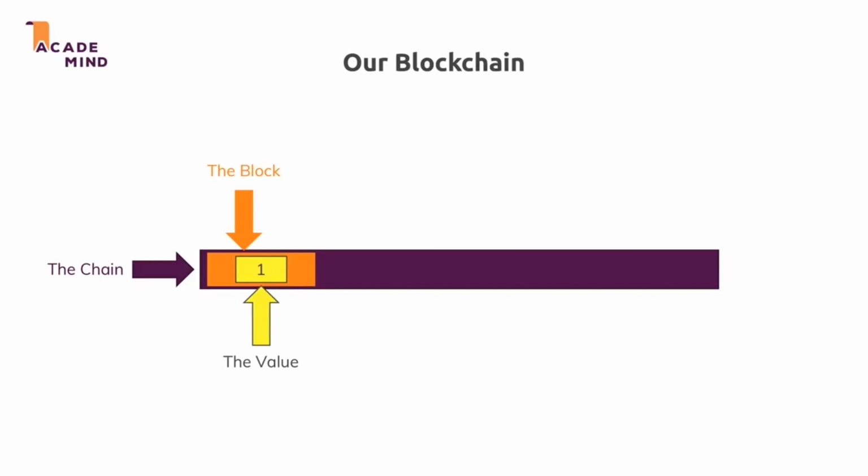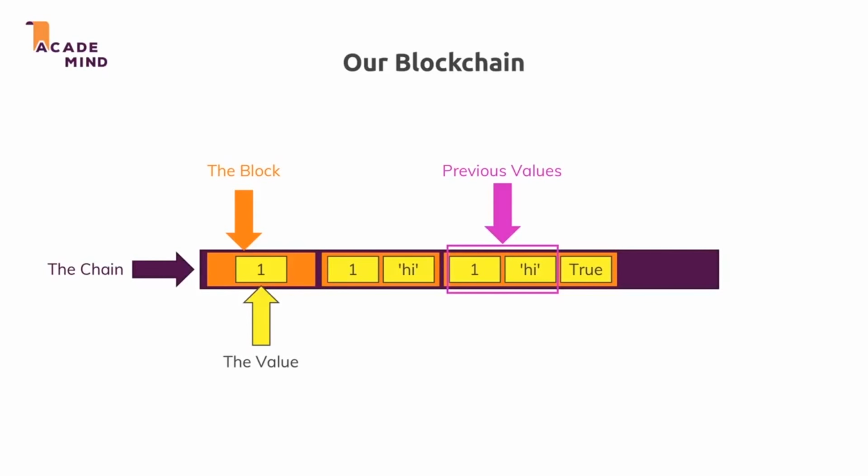For the first block, it might be one value, but the important part is for the other blocks in the blockchain, each nested list will always contain the previous values, to simulate that part which I mentioned earlier in the course, where each block knows about its previous block by its hash. Now we won't hash it here because that requires some knowledge we don't have yet, but we'll fake it by ensuring that every block is just a nested list which contains the previous values as well as the new value.